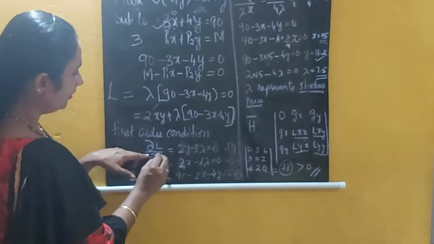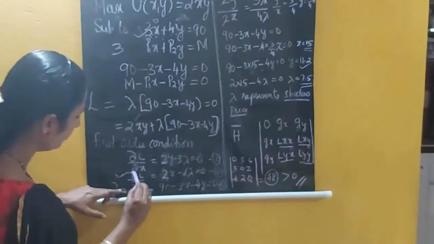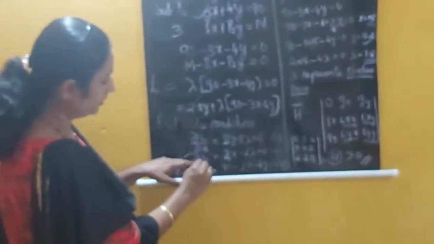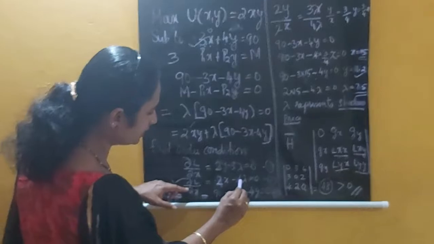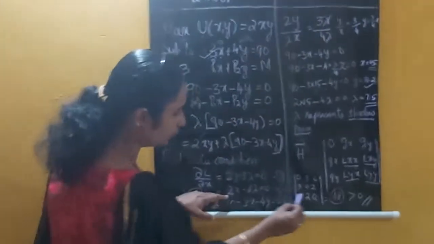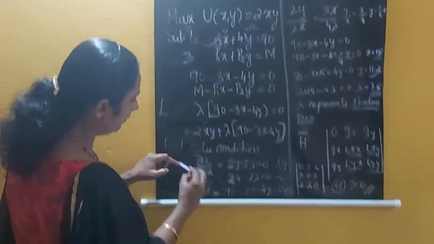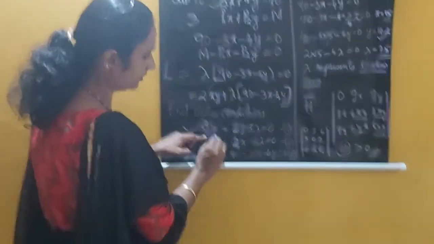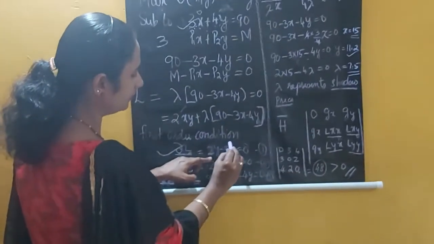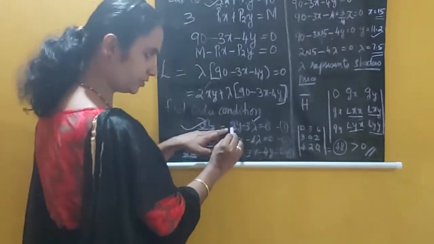Then Lxy means we have to differentiate this dou L by dou y with respect to x. It will get 2. Again Lyx means we differentiate dou L by dou x with respect to y. This will be constant, and 2y with respect to y is 2.